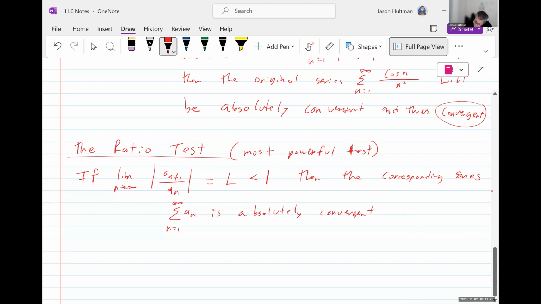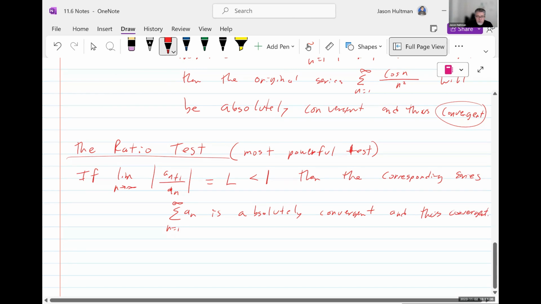We now have a test for absolute convergence, which is kind of nice.